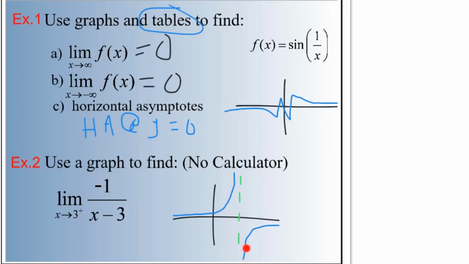So as x approaches 3 from the right, the limit is going to negative infinity. Again, the limit is going to negative infinity. And since it is a one-sided limit, that's the answer you want to put. Now, if it said limit as x approaches just 3, the limit would not exist. You'd say DNE, or does not exist.